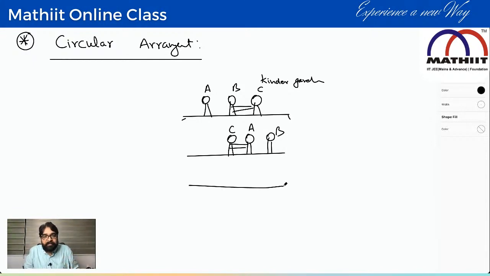He pushed the A person. Now this time, sorry, the B person fell flat on the ground, and A came here and C came here. Immediately B woke up and found his place was not there.